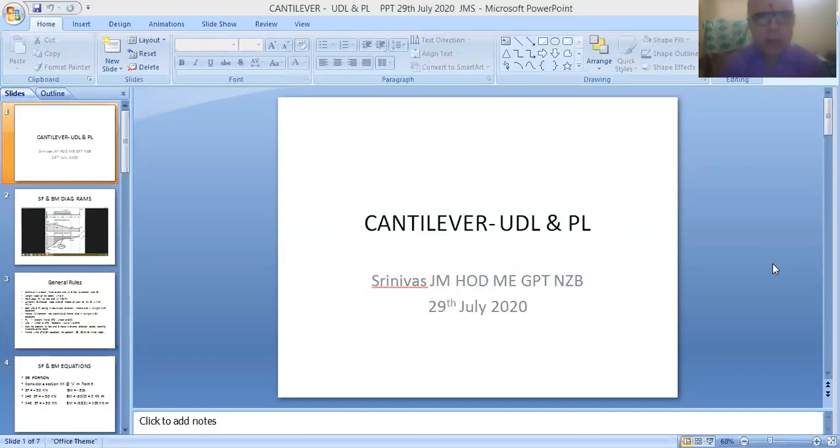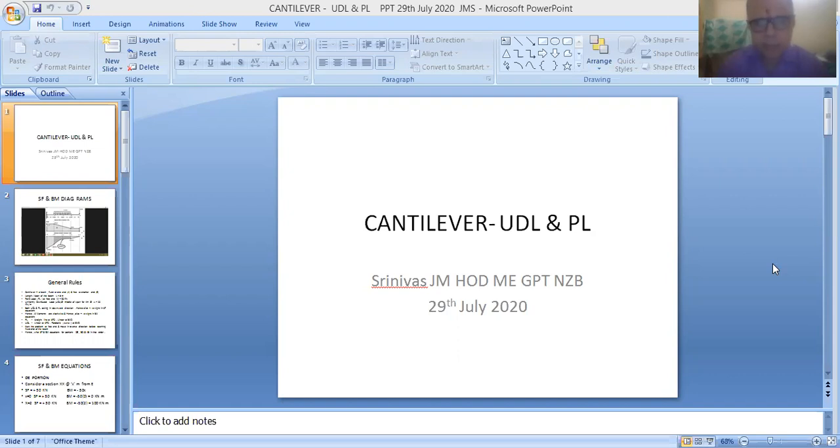Now, in any beam, several loads will be acting on the top of the beam, and these loads are classified into two categories.